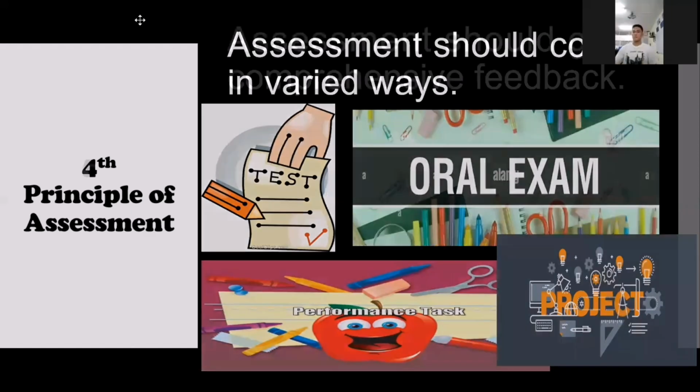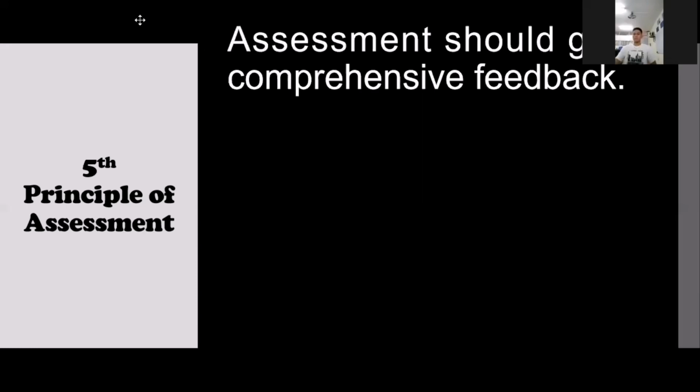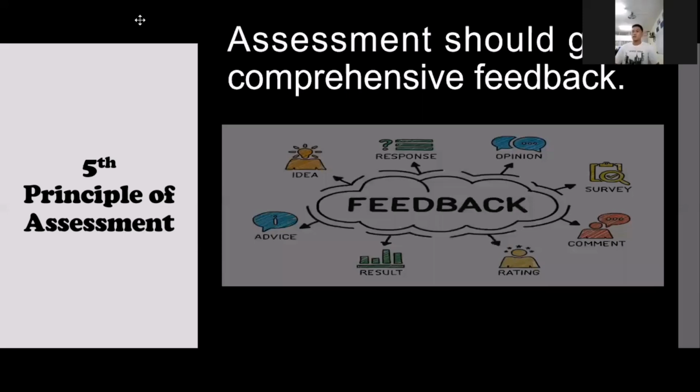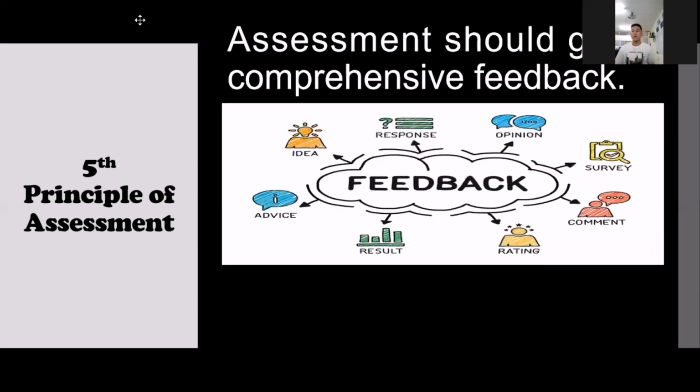The fifth principle is that assessments should give comprehensive feedback. Basically, feedback means we give responses, ideas, opinions, advice, results, ratings, comments, and so on. That is one of the roles of teachers in giving assessment. How can you give comprehensive feedback? By using your established criteria or rubrics. For example, you already have a rubric for that specific assessment.